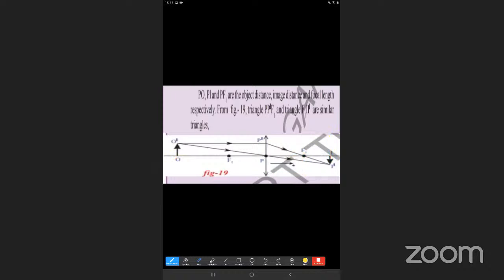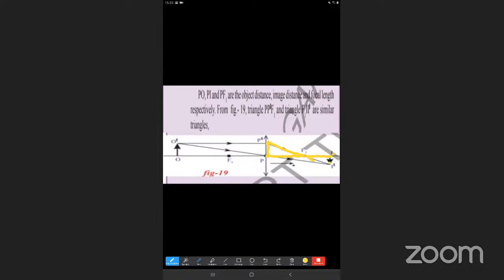We already know we measure every distance from the point P. So here, from the triangle P dash F1, this is one triangle, and another triangle F1 I dash.